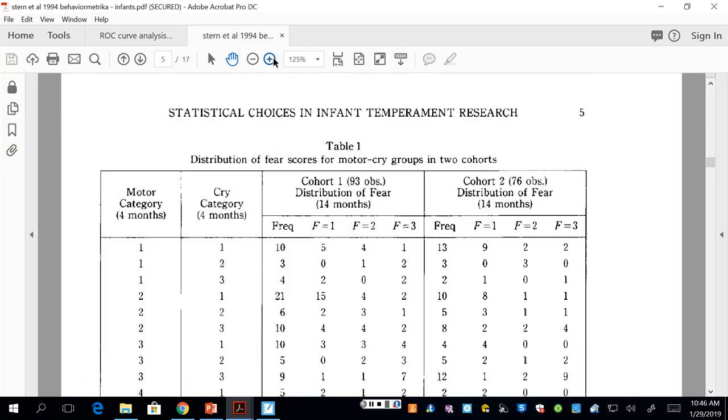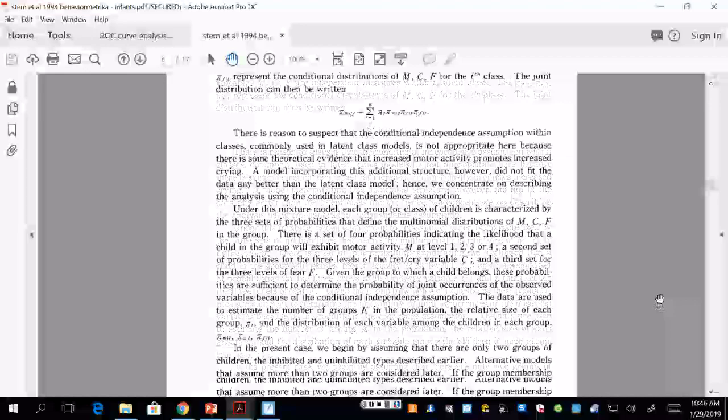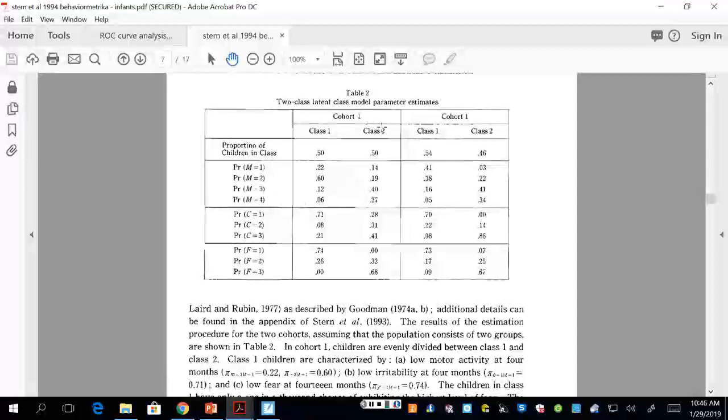The research question was, are there different classes? Are there individuals geared to a quick response to stimuli, and others geared to a lower one? Is there kind of a cutoff? Instead of being more of a continuum, are there distinct types that develop over time?